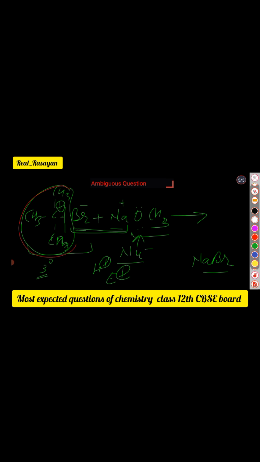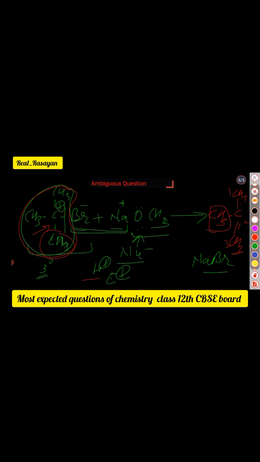Suppose one of the hydrogens of this CH3 releases H positive ion and there will be the shift of the double bond here and it will give CH3C(CH3)=CH2.